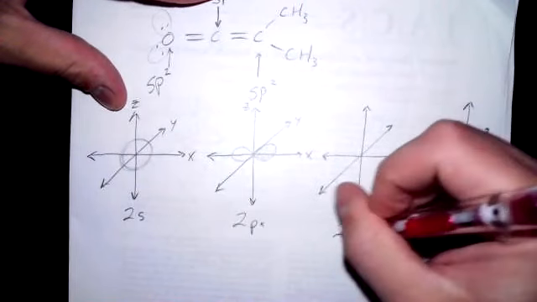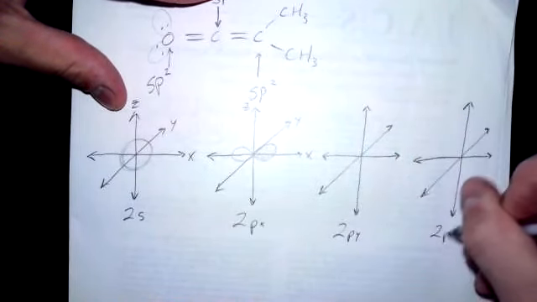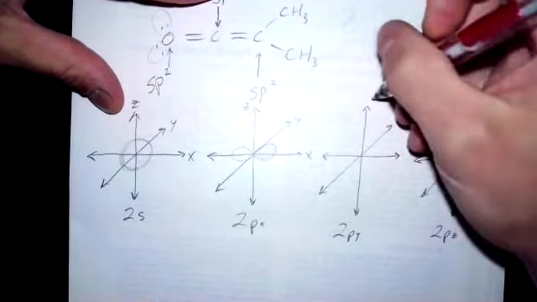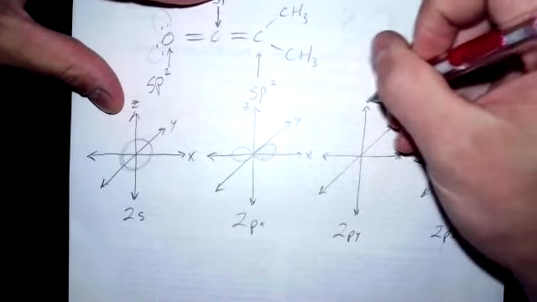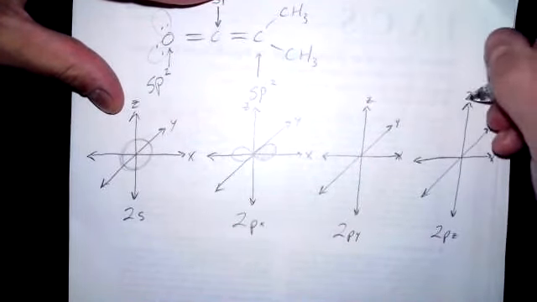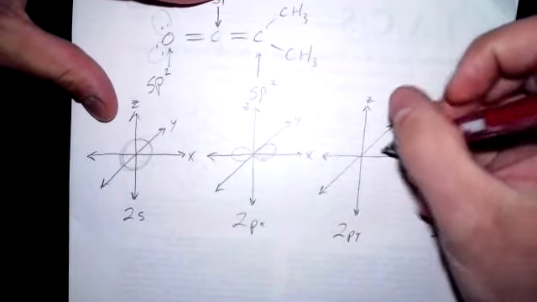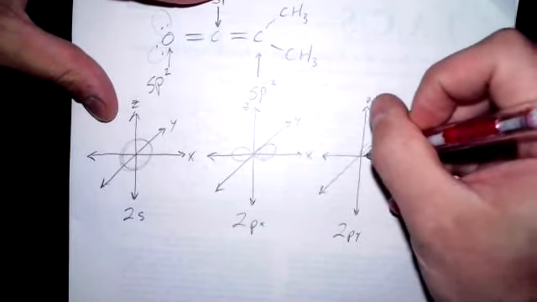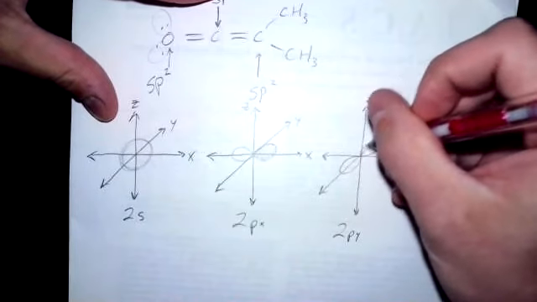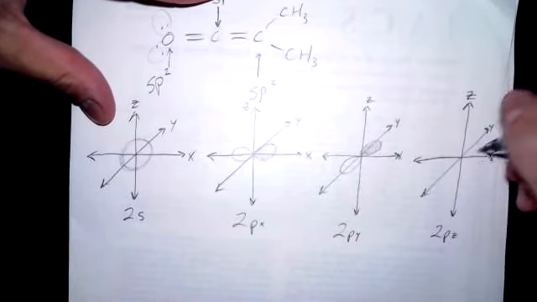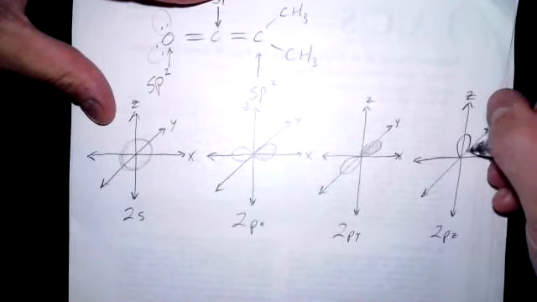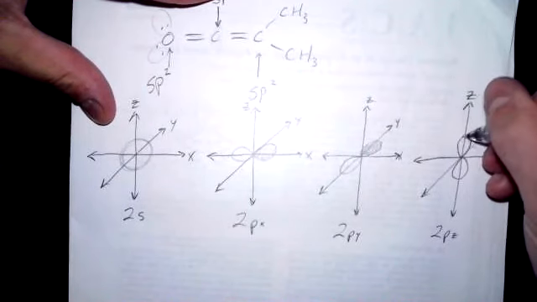Okay, so I'll draw the 2py and 2pz. X, Y, Z, X, Y, Z. And I'll just put it so the shaded part is in the positive direction as I've arbitrarily assigned.